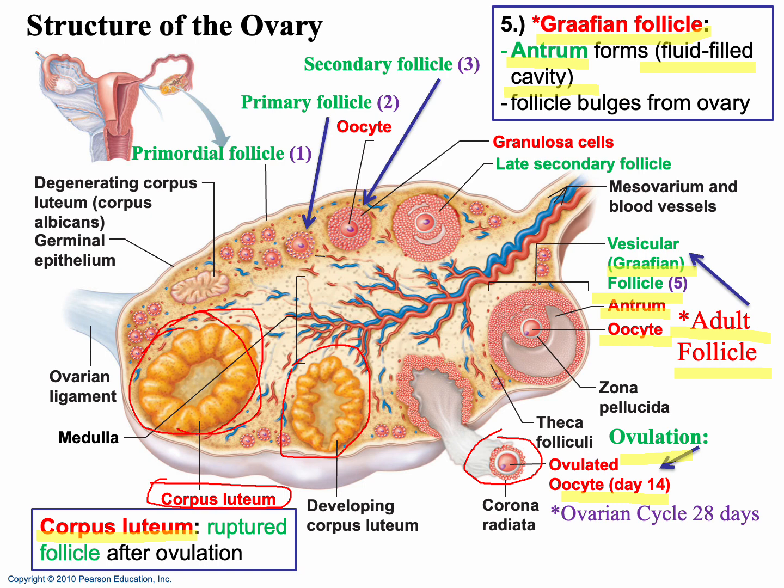But if the woman is not pregnant, then this structure will break down and will degrade. And so we can kind of see this here, the degrading of the corpus luteum. So definitely important structures to know.